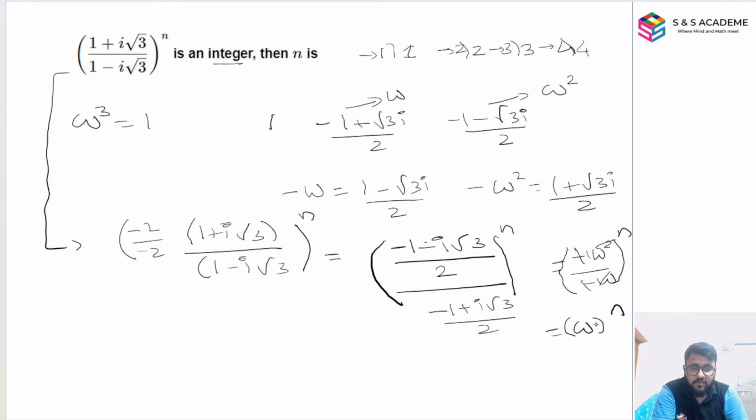Omega power 2 gives omega square, which is also not an integer, but omega cube is 1. So the option from the given options that is right is n equals 3.